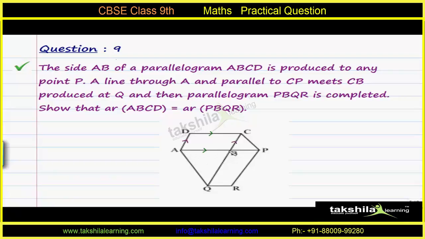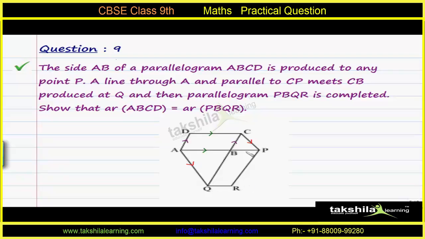And side AB is produced to point P here. A line through A and parallel to CP meets CB produced at Q. So we have a line through A which is parallel to CP and meets CB produced at Q. Then parallelogram PBQR is completed, and then we are completing the parallelogram PBQR.